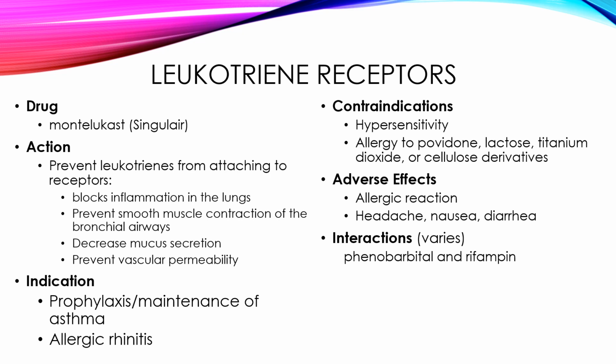So Montelukast is used for maintenance and prophylaxis of asthma, right? So if someone has asthma, but maybe it only flares up every now and then, it's used as a prophylaxis. You're not actively having an asthma attack right now. Maybe you have asthma, but it usually just gets bad in the summer, or in the fall, right?